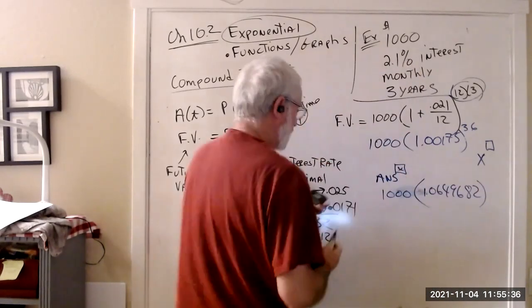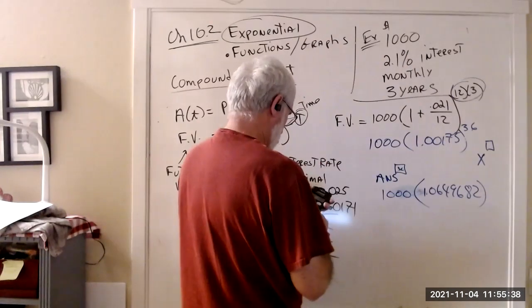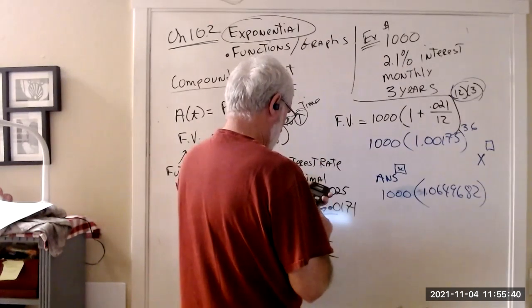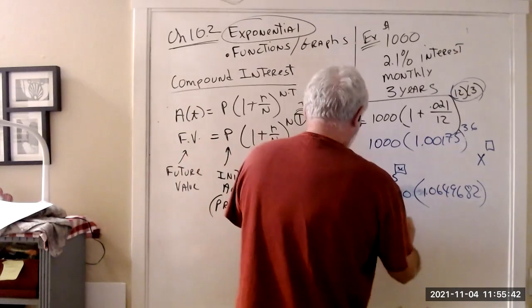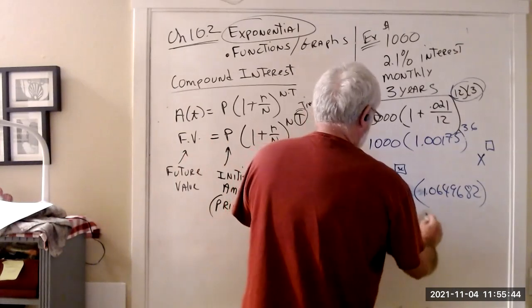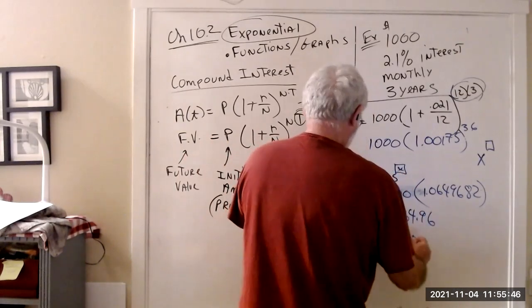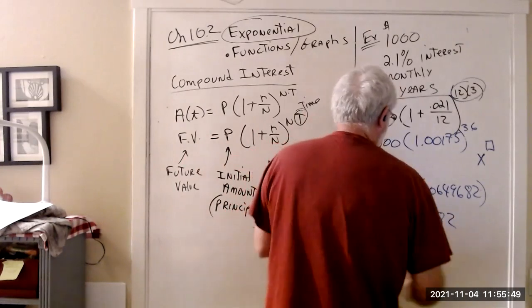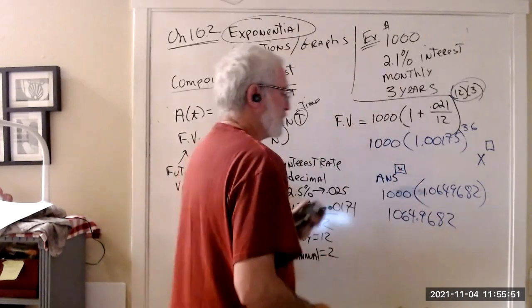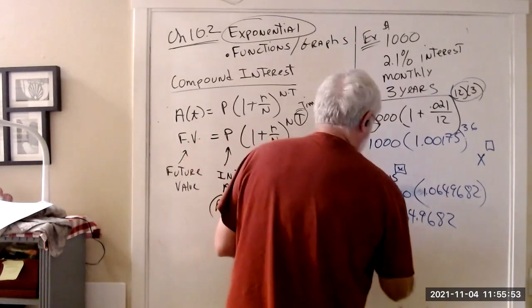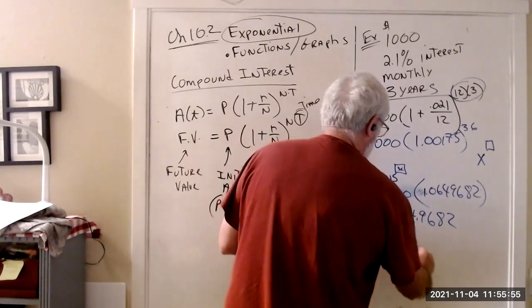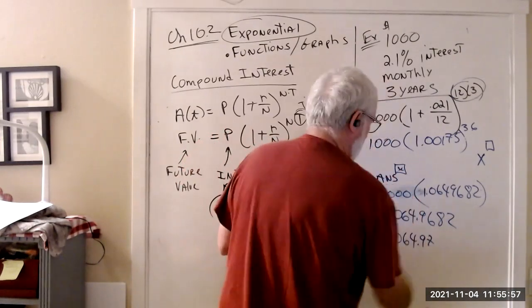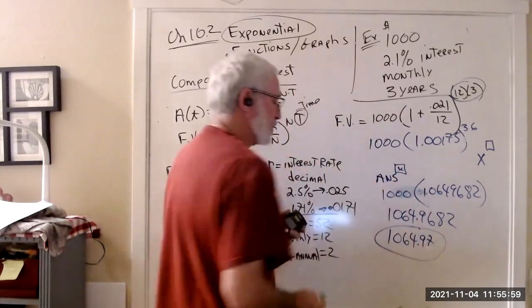So I just take that times 1,000, and I get 1064.9682. Since this is money, you have to pay attention to what it says, but it would be 97, because money is only in dollars and cents.